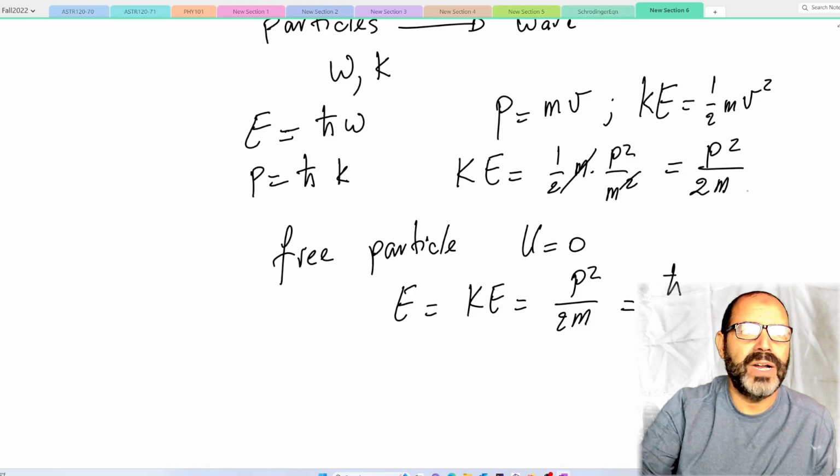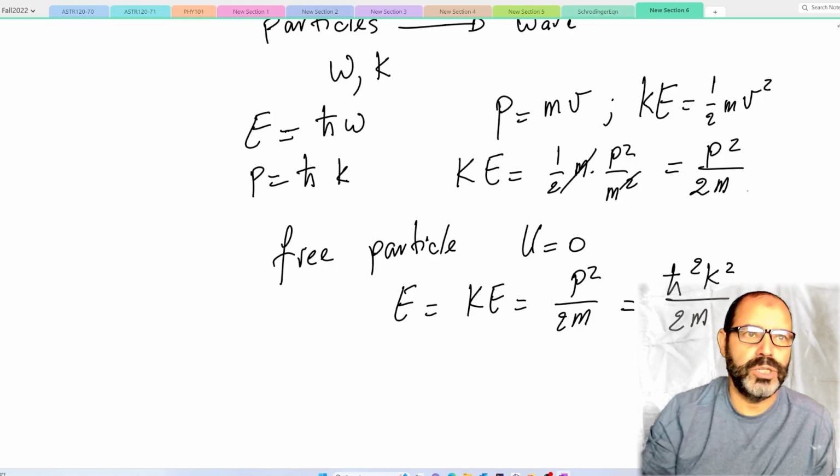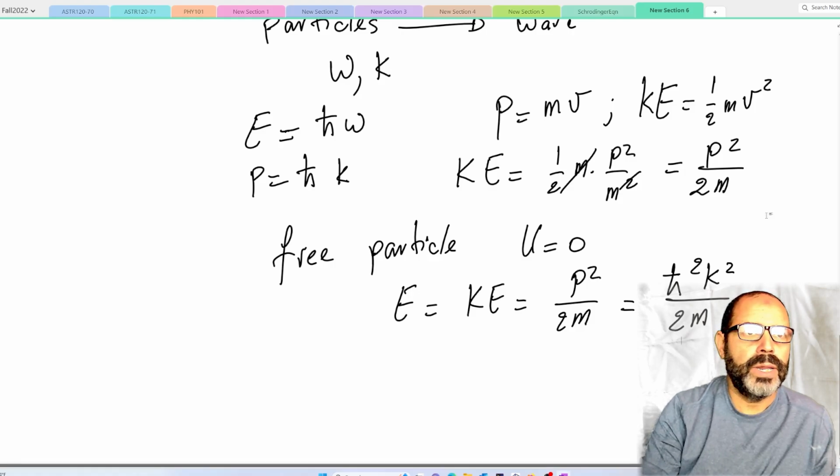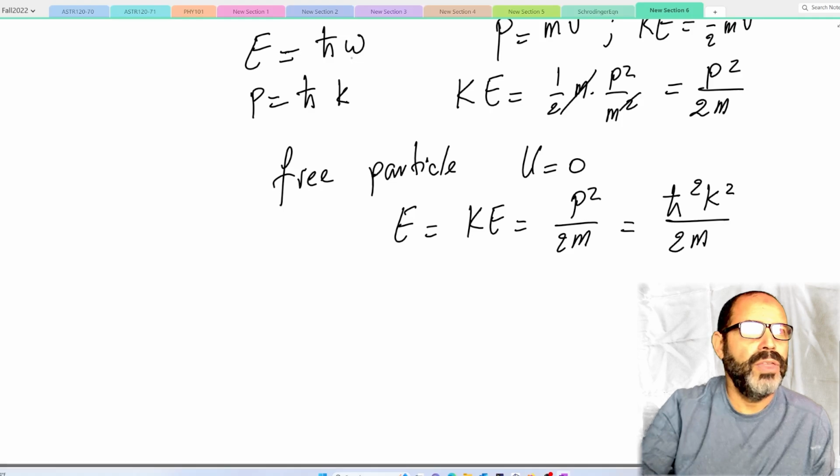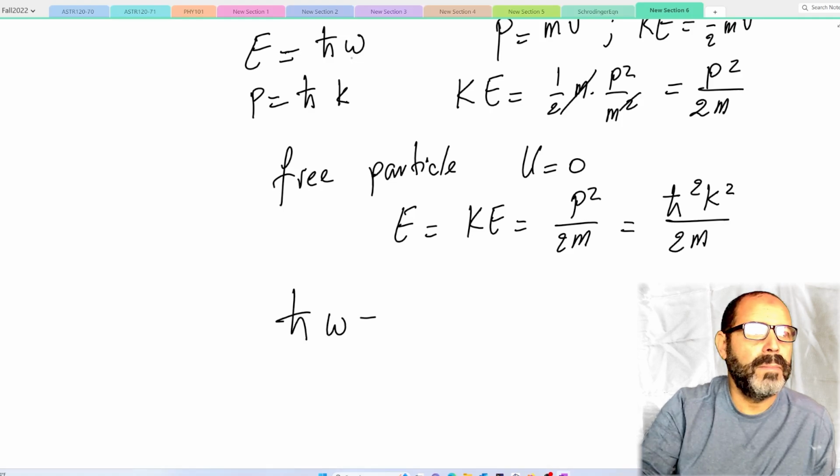Therefore I can justifiably write that the energy is h bar squared k squared over 2m, because p is h bar k. Now here is the expression of an energy for a free particle, and its energy regardless if it has an angular frequency omega. Therefore h bar omega must be equal to h bar squared k squared over 2m.